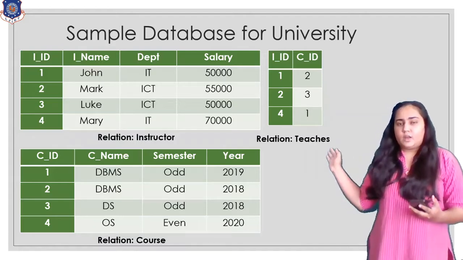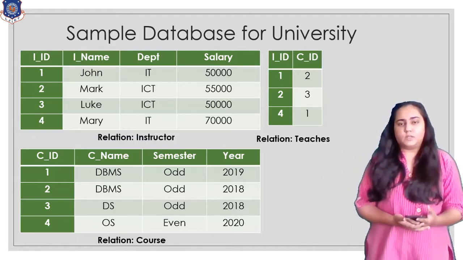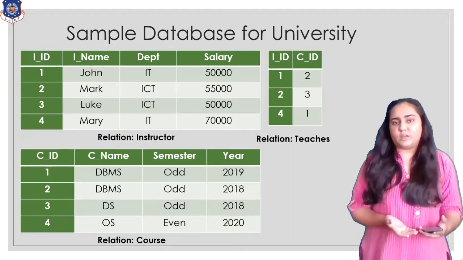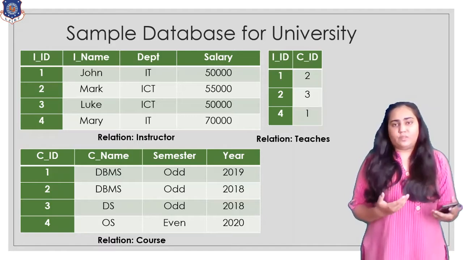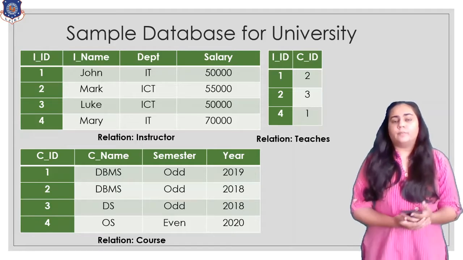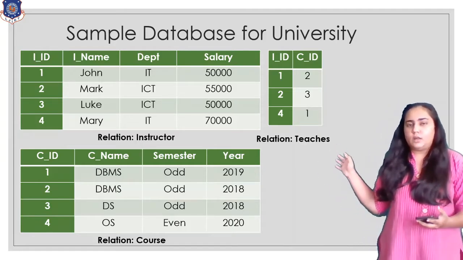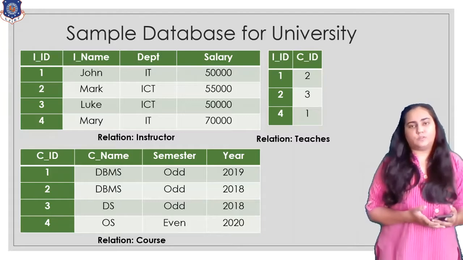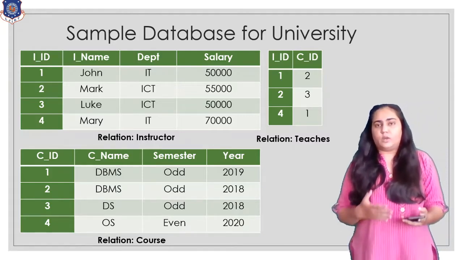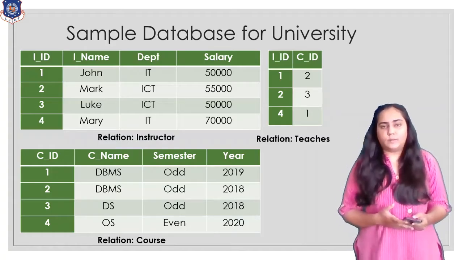And across that, 1 is written. So you can go to course table and check what is 1, and 1 is DBMS. So with this, you can conclude that Mary taught DBMS in odd 2019. This is how we have created a simple university sample database. And using this, we are going to do Cartesian product.